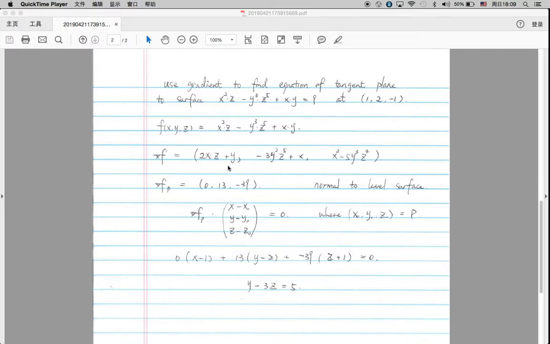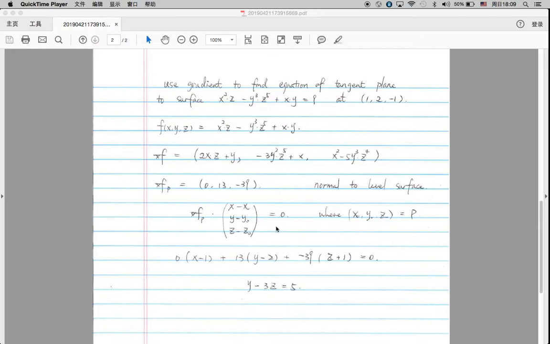So it's just the gradient components multiplied by x minus 1, y minus 2, and z plus 1. This is the tangent plane to the surface at this point.